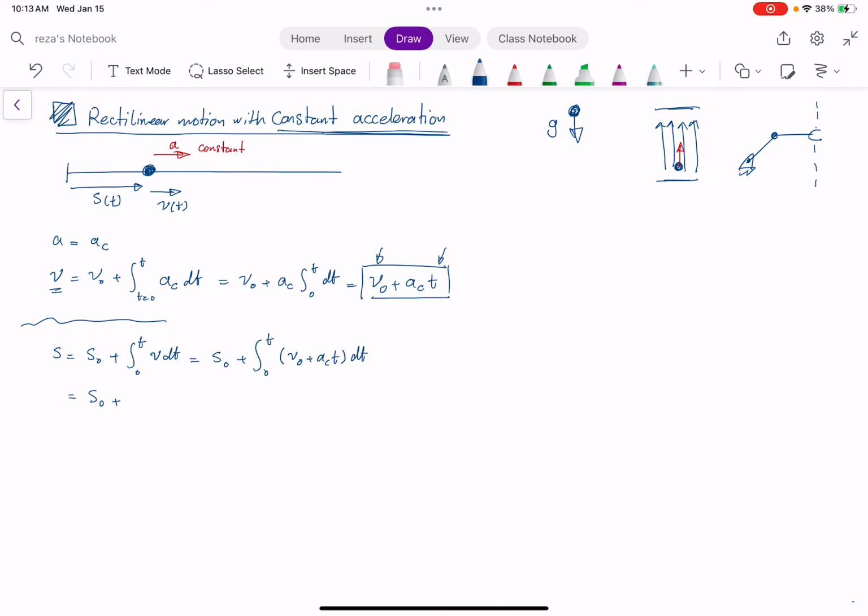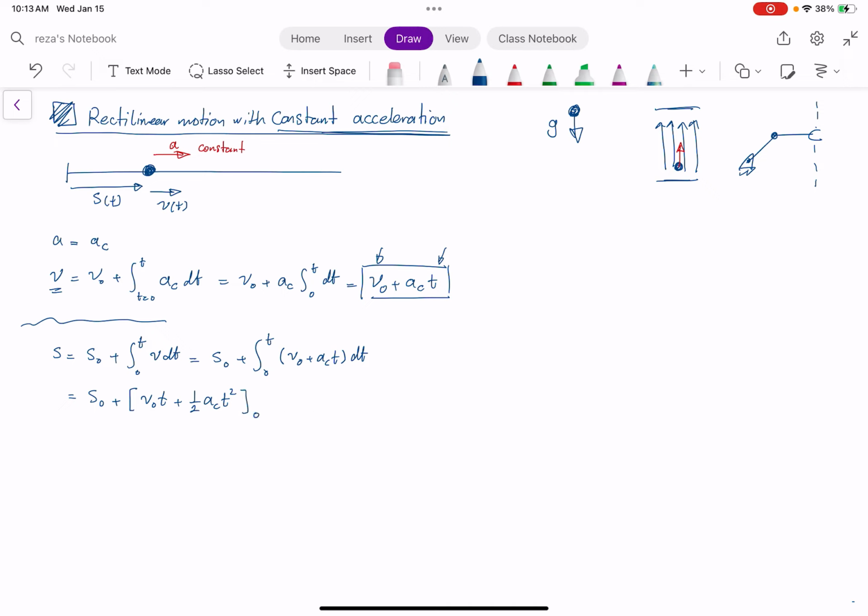It's not too difficult of an integral. It's a polynomial, and the integral becomes v naught t plus 1/2 A_C t squared.